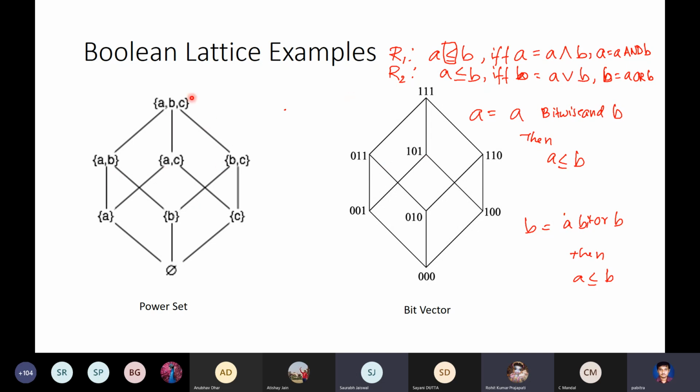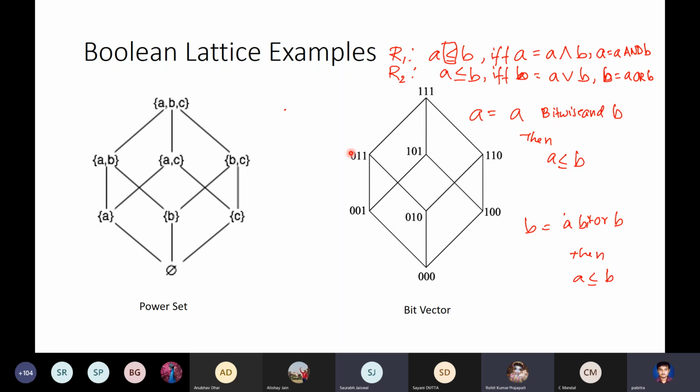And if it is homomorphic both ways, you call it isomorphic. We'll later see that some special types of Boolean lattices are all isomorphic to each other and all isomorphic to this power set and bit vector.